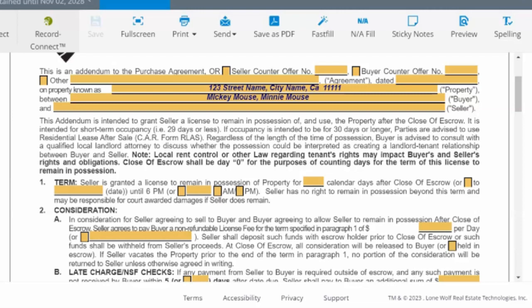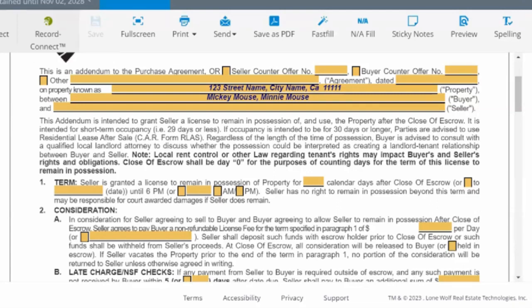And with a landlord-tenant relationship, tenant rights kick into place. If you are familiar with California tenant rights at all, tenants have a lot of rights. And when a buyer and seller enter into this agreement, it's not really intended to be a landlord-seller thing.